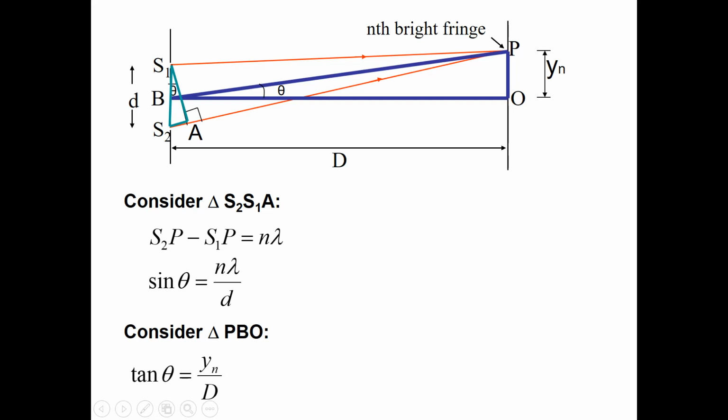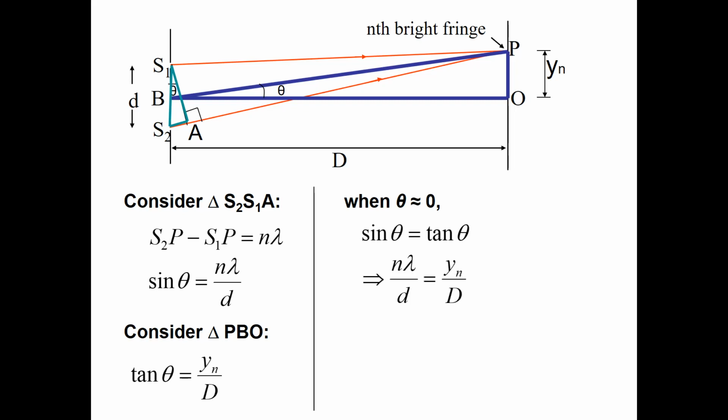So if I use tangent theta, I will have yn, which is the distance from the central bright fringe to the nth order bright fringe, over big D, equal to tangent theta. Since the angle is very small, using small angle approximation, sine theta is approximately equal to tangent theta, and therefore I will have this equation simplified, making yn the subject.